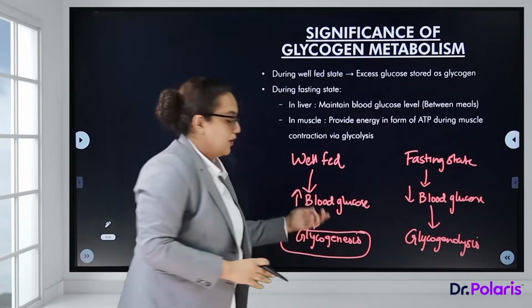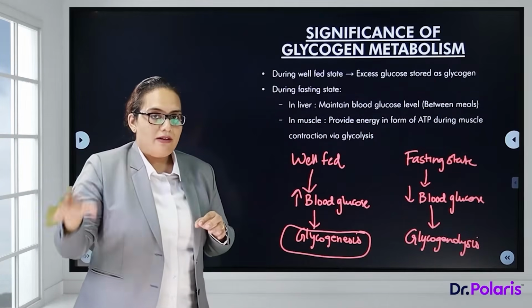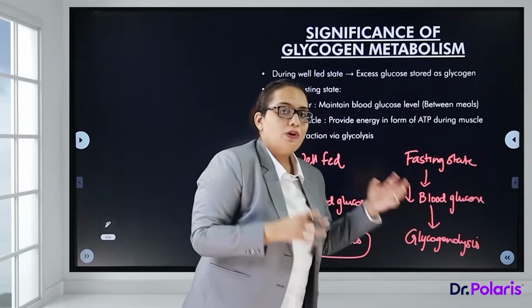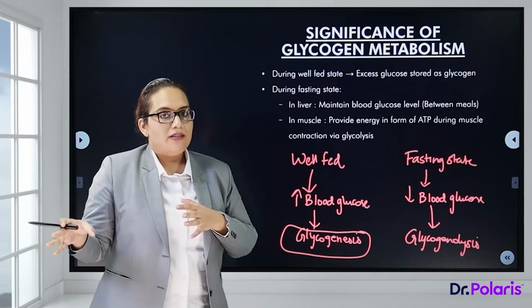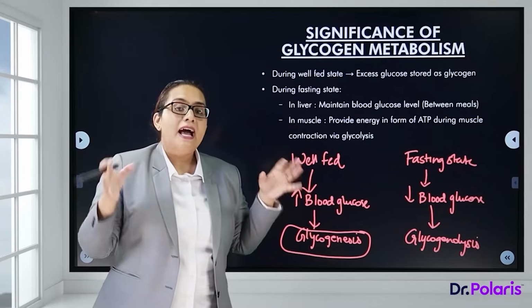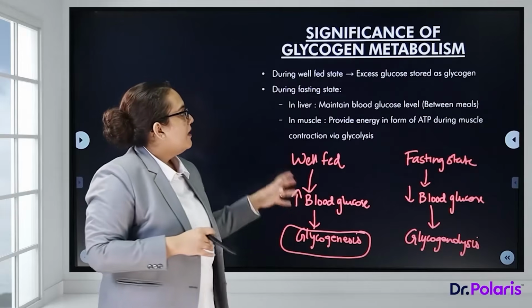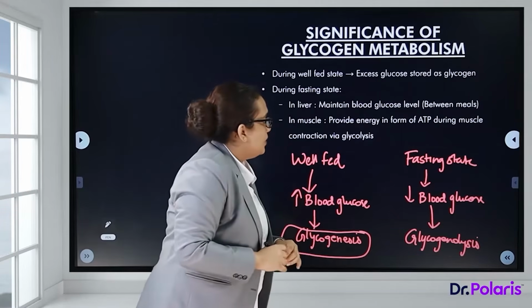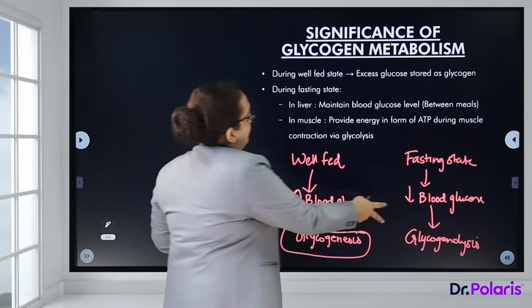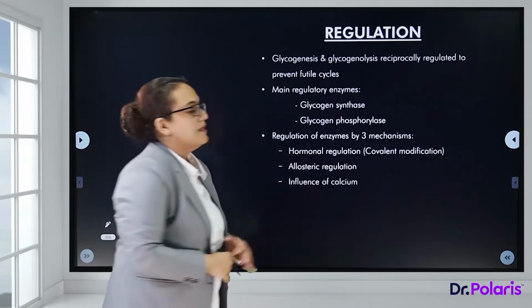So remember, glycogenesis always occurs in the well-fed state when you have eaten some food, and glycogenolysis will always occur especially in the fasting state or when we are involved in some kind of exercise where there is active muscle contraction. So these are the two states that you need to remember. So overall, this is the significance of glycogen metabolism.